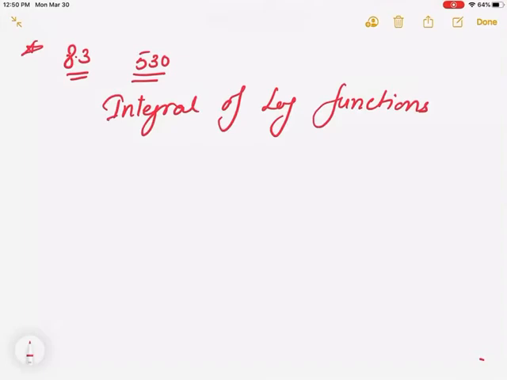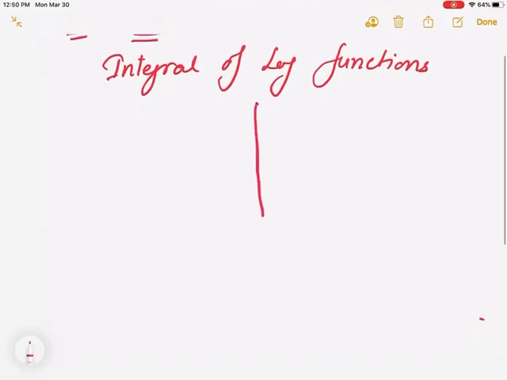Just with the way we always do it in class, I'll show you the derivative part first, and then we'll try understanding the pattern and we'll do the integral from there. If you remember, the derivative of any log function is always equal to 1 over the function.